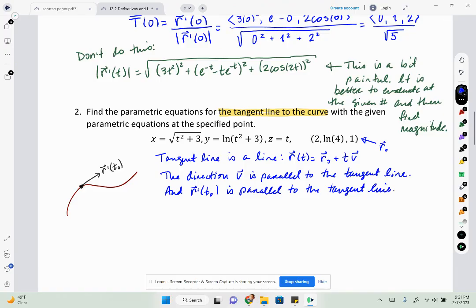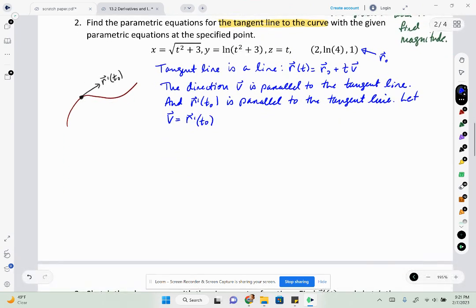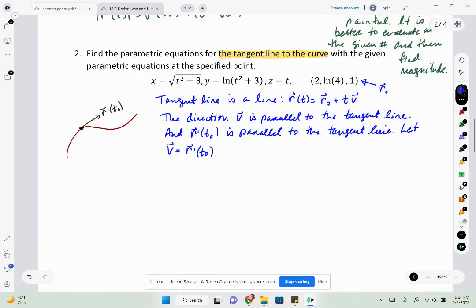That means we should go ahead and let v, our direction vector, equal r prime of t naught, whatever that happens to be. Okay, so those are the things that we need to find.